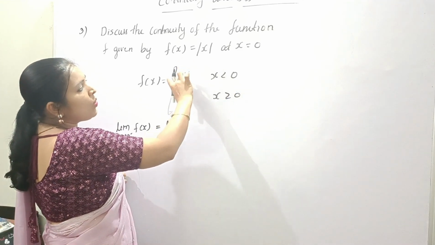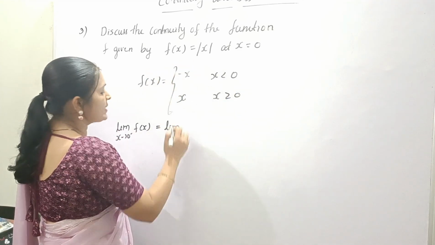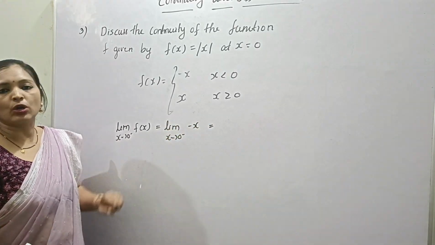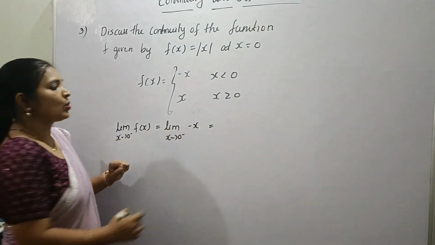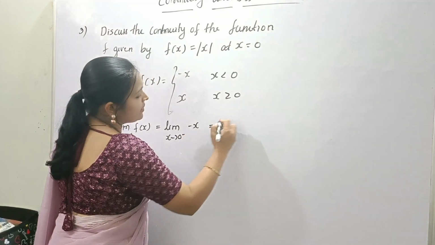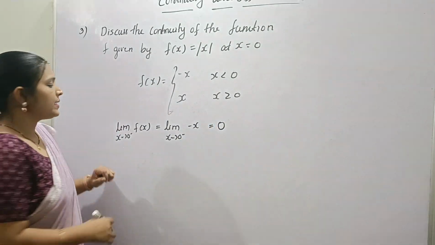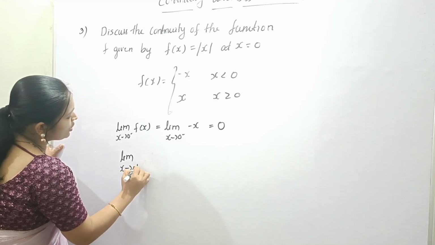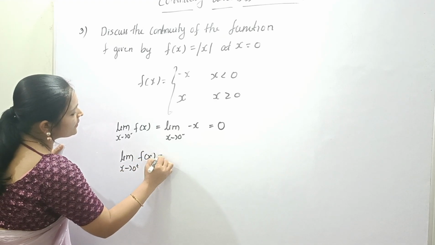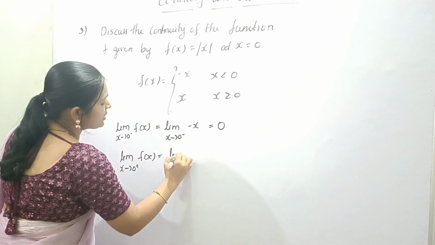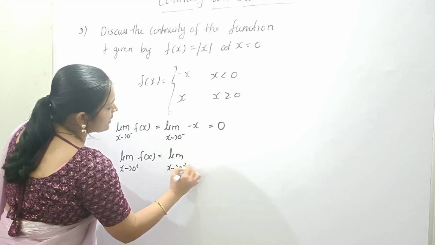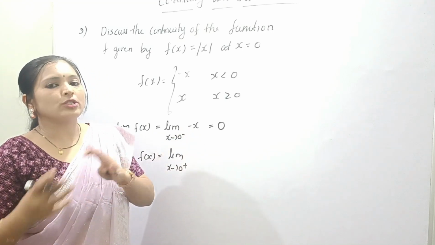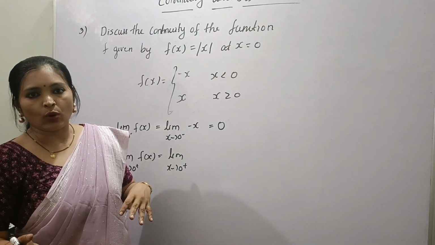When x is less than 0, the function is minus x. So minus x, substitute 0 here, what you will get? 0, right? Next, limit x tends to 0 plus f of x. Here 0 plus means right of 0, and in right of 0 the value is greater than 0, right?